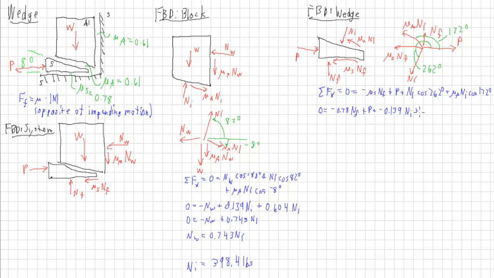Now we've got 0.61 times the cosine of 172, which is negative 0.990, Ni. Guess what? We have Ni. Ni is 398.4 pounds. So we can eliminate this as an unknown and this as an unknown and leave us with NF and P.